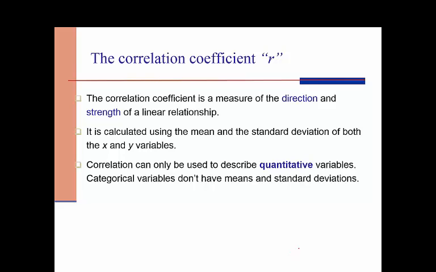Okay. And so we've talked about direction now, and we've talked about nonlinear and linear graphs. Now we need to talk about how to find out the strength of a relationship.